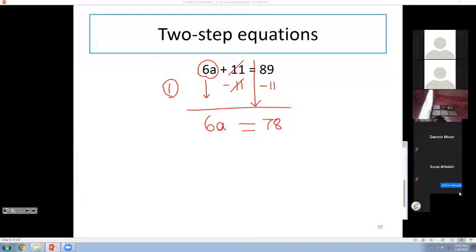That's absolutely correct, Kevin. That is multiplication. And again, to separate them, we always do inverse operation. So the inverse operation of multiplication is division, but don't forget, you have to do the same thing on each side. Exactly the same thing. 6 over 6 is 1, and A is equal to 78 over 6, which is 13.